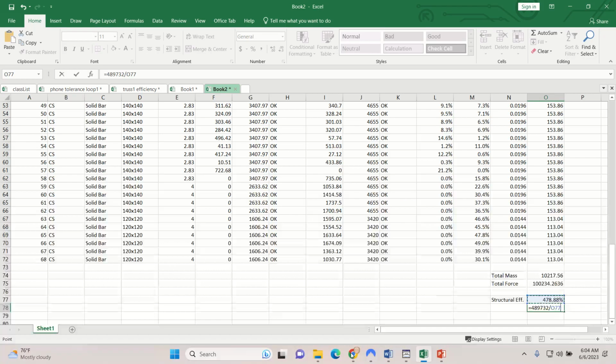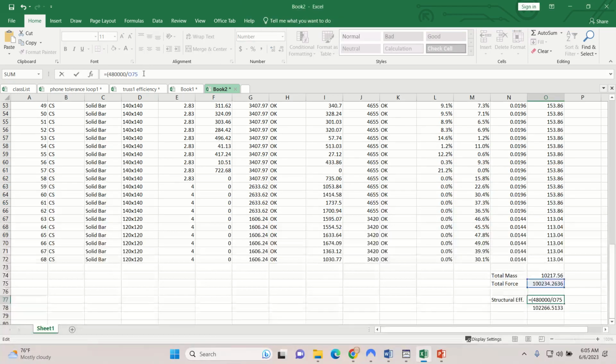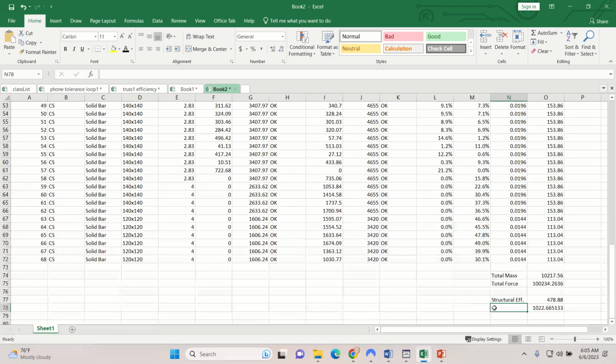Yes. But I think that's off by a factor of 100. To get my calculation right, I had to go back and get rid of that percentage, so times 100. And then that gives me the right answer: 1022% is my design efficiency.